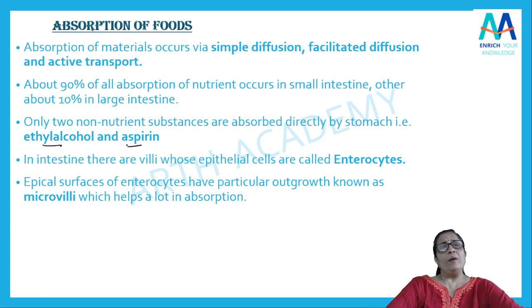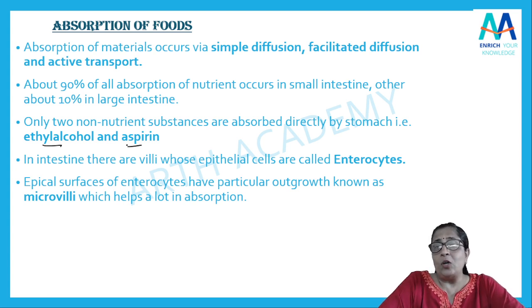Now, if I am talking about absorption, we know that in the intestine there are villi, isn't it? The finger-like projections, villi, whose epithelial cells are called enterocytes. And these villi are responsible for the absorption of the nutrients. Yes, they are present in the small intestine as well as in the large intestine.